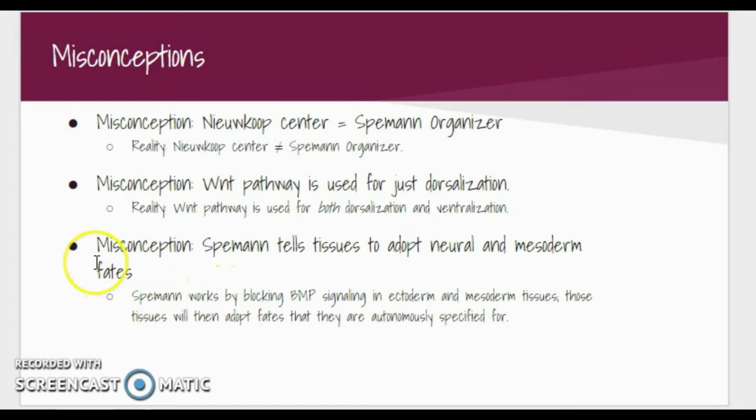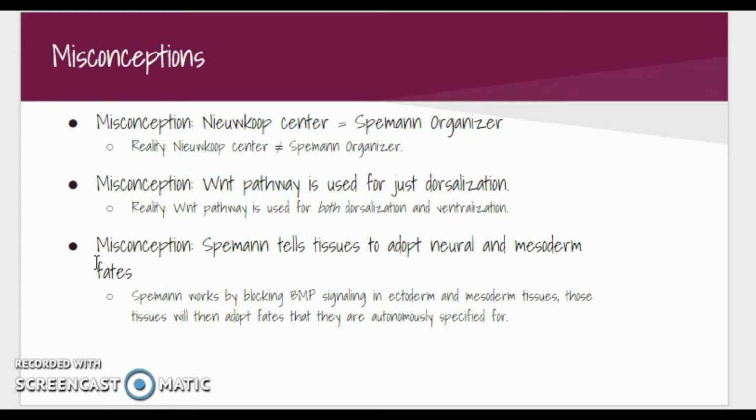So the way the Spemann organizer works is that it'll block BMP signaling in the ectoderm and mesodermal tissues. If you take the ectodermal tissue out and let it autonomously develop, it will actually develop into neural tissue on its own.